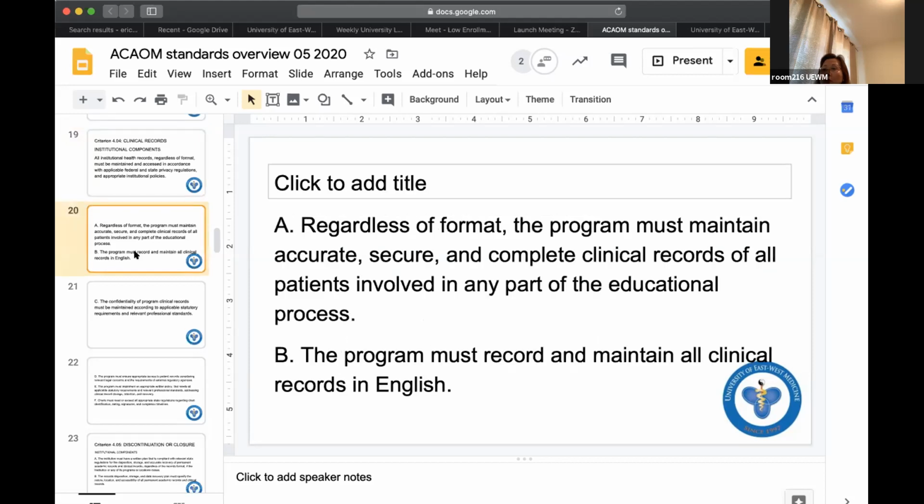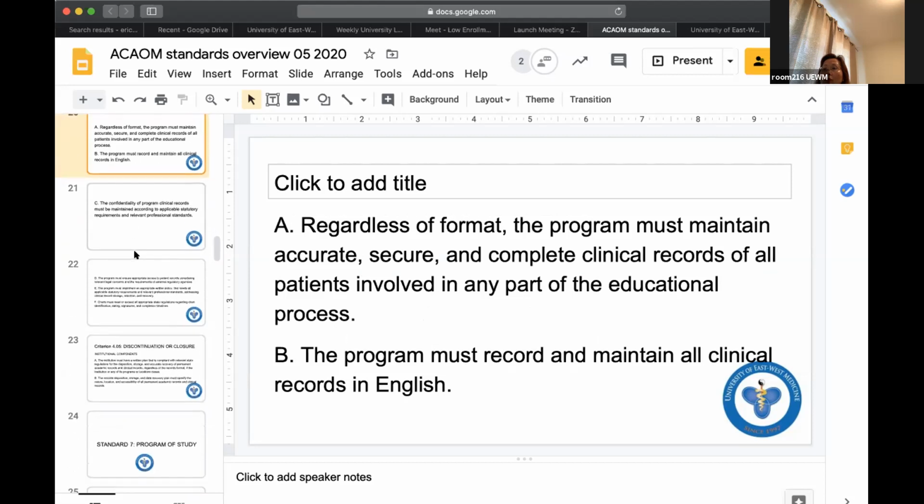As the clinic director, our practice is to double check the patient records every month, and we will have refresher training regularly. By that means we can comply with ACAOM standards and the government's standards, and it's really, really important.